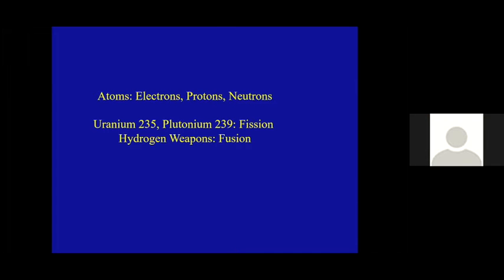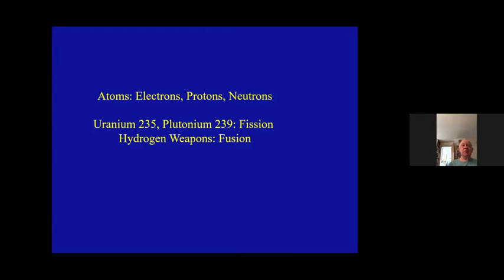Okay, so I've already talked about these things that are the ingredients of atomic weapons. Uranium-235 is a small component of ordinary uranium that can be mined. So it has to be separated from uranium-238, which takes a lot of work, which Iran has been trying to do for some time.